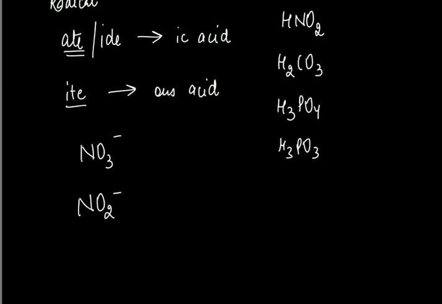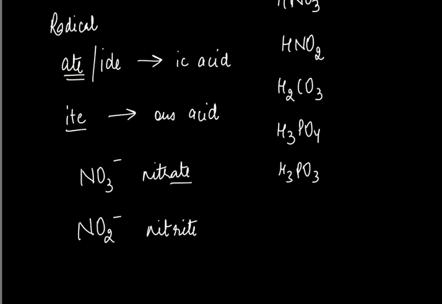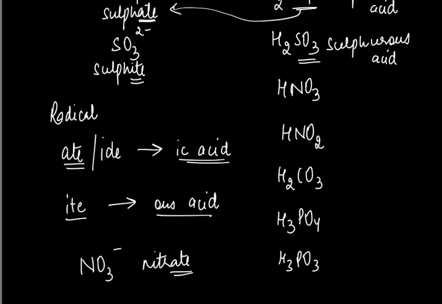So which one is nitrate, which one is nitrite? The one which has relatively more oxygen atoms is going to be called nitrate, and the one which has fewer oxygen atoms is called nitrite. So again, ate will end into ic acid, ite will end into ous acid. So that's why HNO3 is called nitric acid, and HNO2 is called nitrous acid.